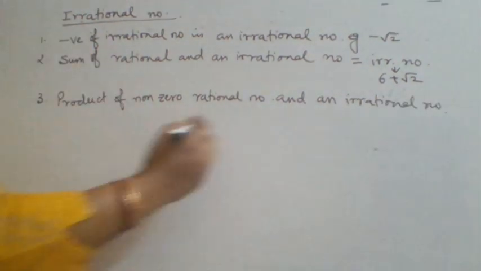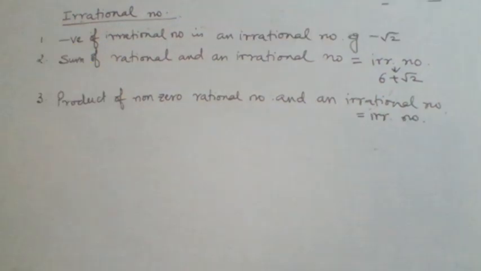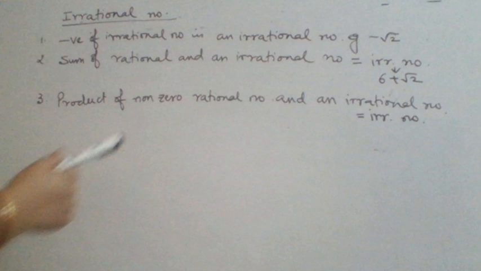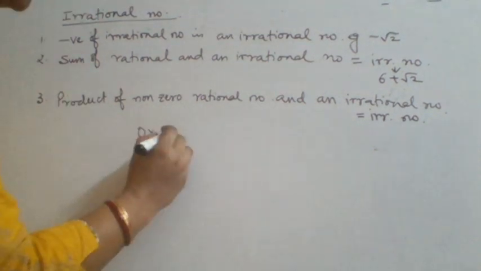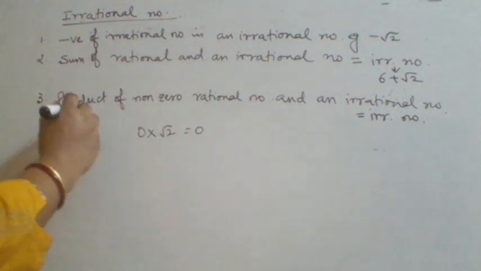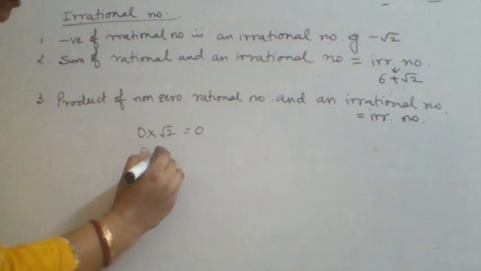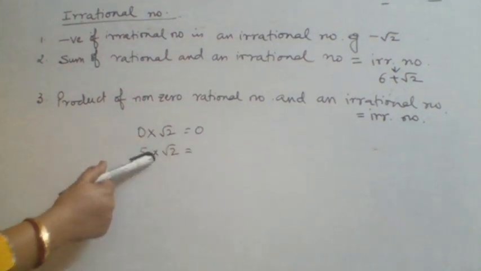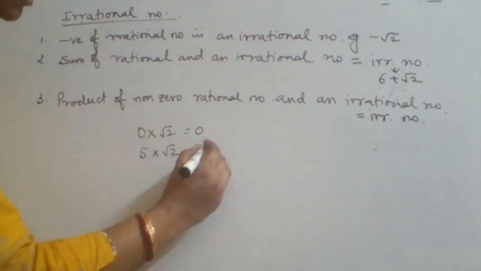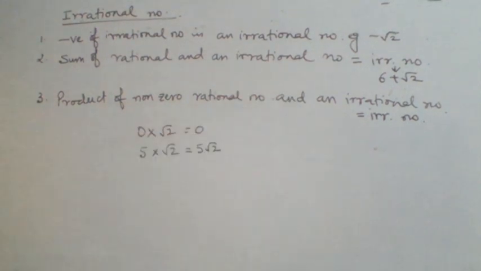If you take the product with 0, say 0 into root 2, that will give you 0, and 0 is a rational number. But if you go for the product of some non-zero rational number, say 5, with an irrational number, 5 into root 2, this is an example of the product of a non-zero rational number and an irrational number being an irrational number. Okay.